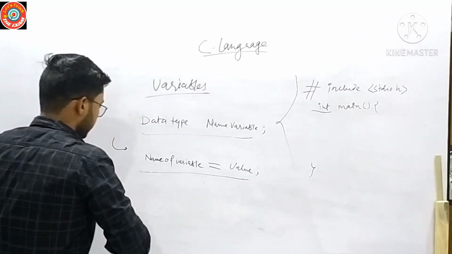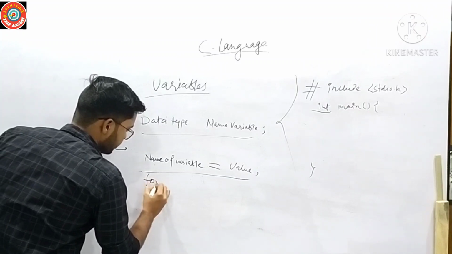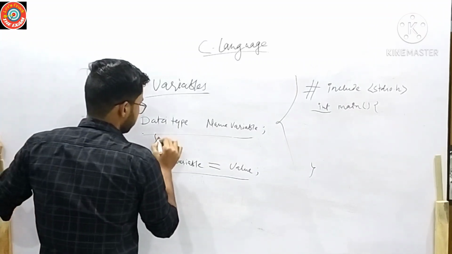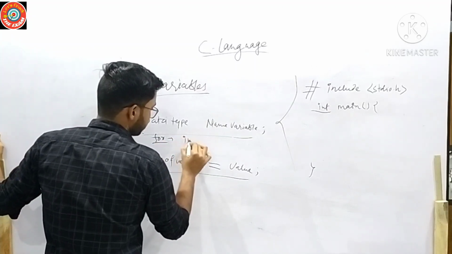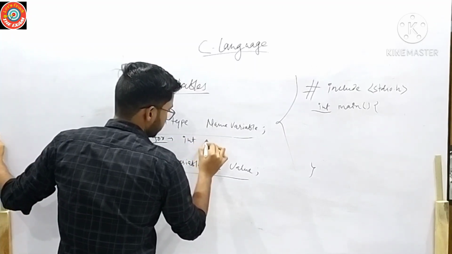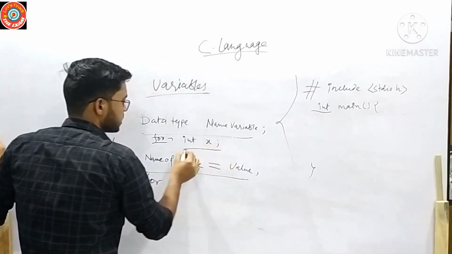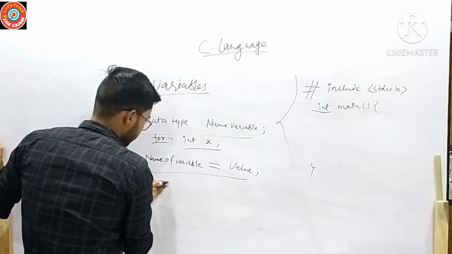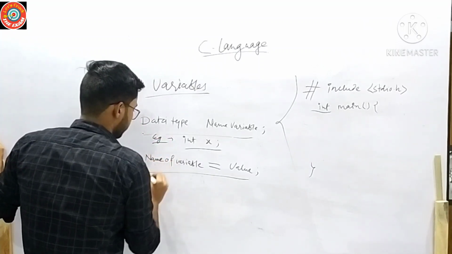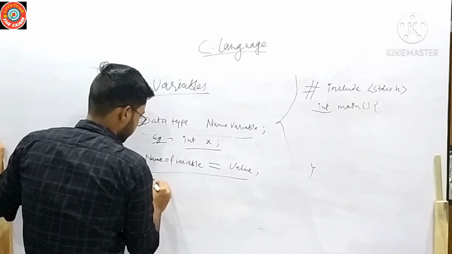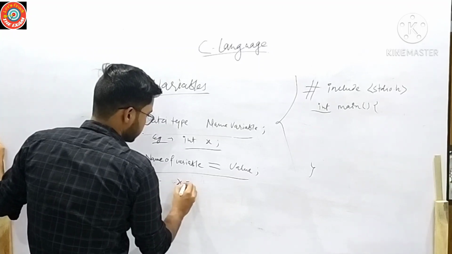Now how can we use it? For example, int x. So this is how we declare it. Then x equals to 5.